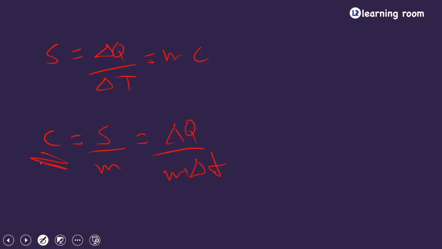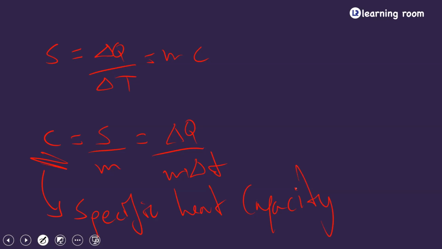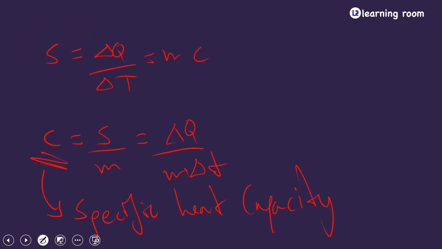So this is our specific heat capacity. Now, how do I define this specific heat capacity? It is the amount of heat that is required to raise the temperature of 1 unit mass of a substance by 1 unit degree. Okay, you can note this down.